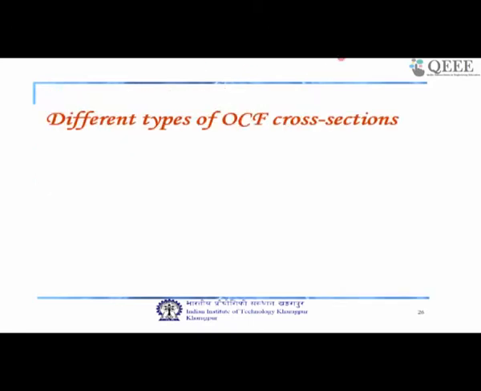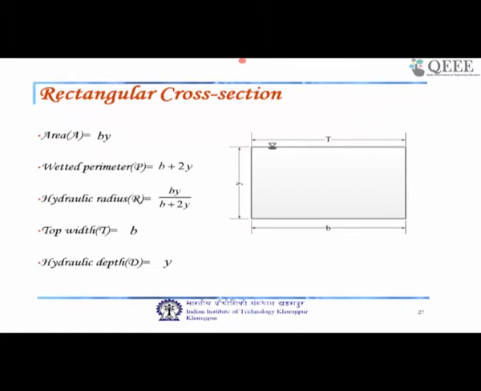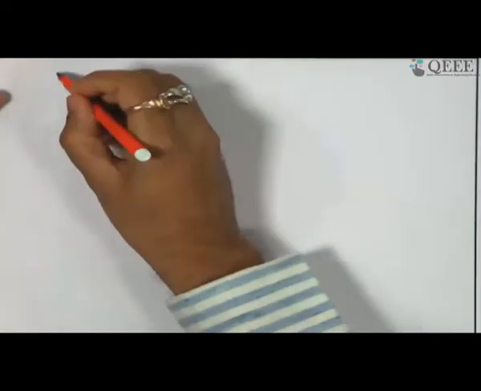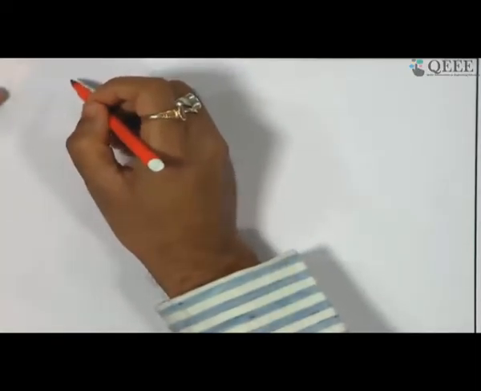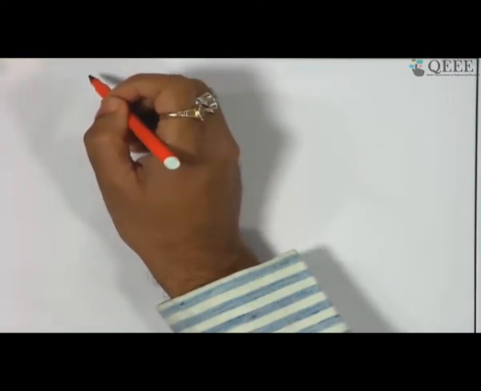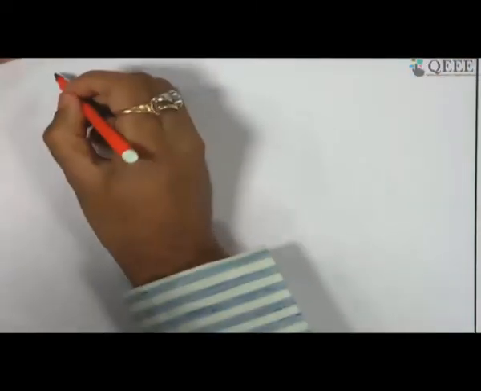So, we can now discuss different types of open channel cross sections. The rectangular cross section we have already discussed. This is the rectangular one. Then we can consider the triangular cross section.